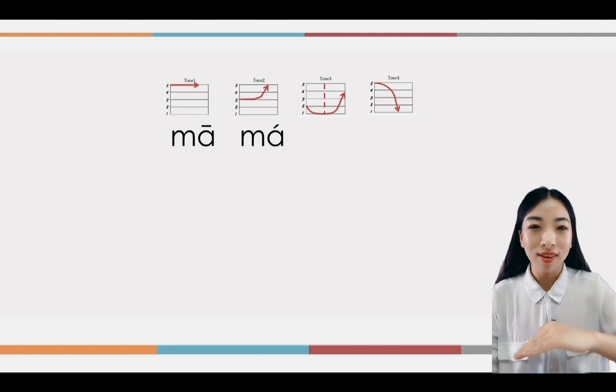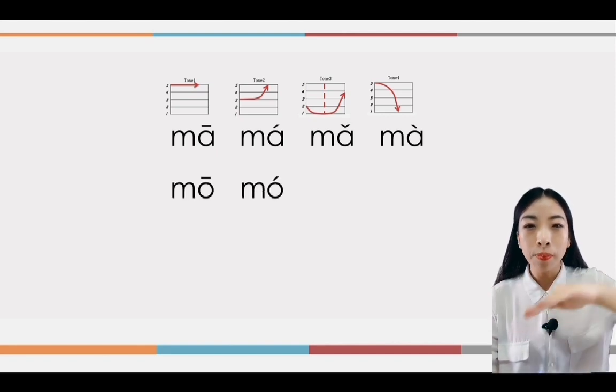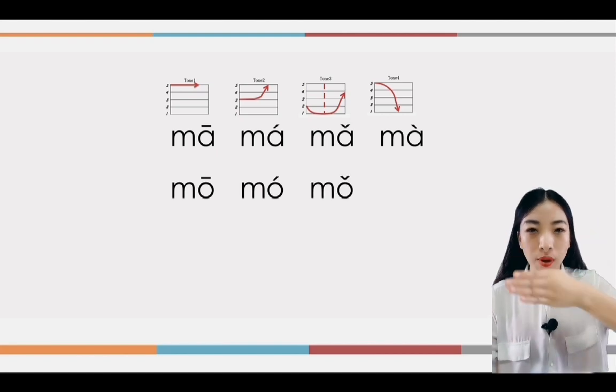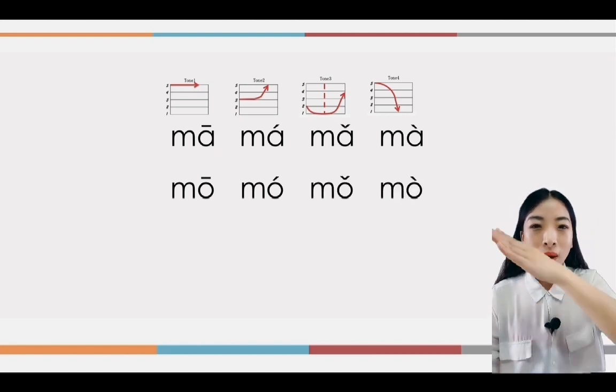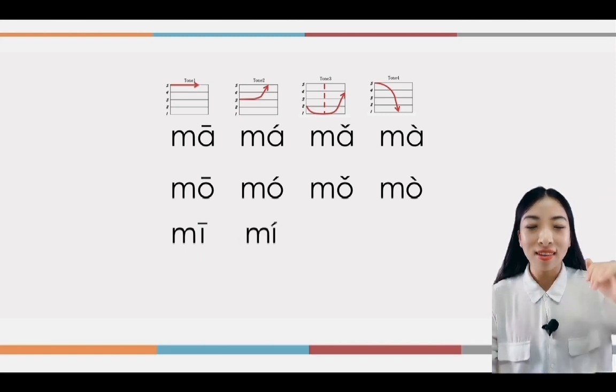Ma, ma, ma, ma. Mo, mo, mo, mo. Mi, mi, mi, mi.